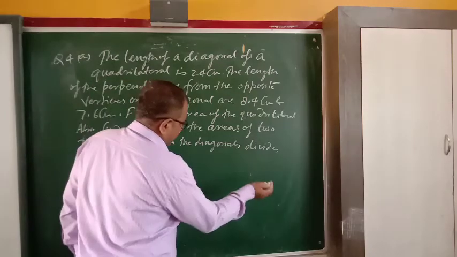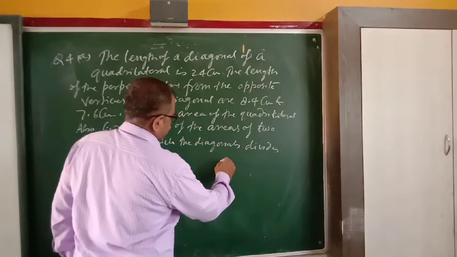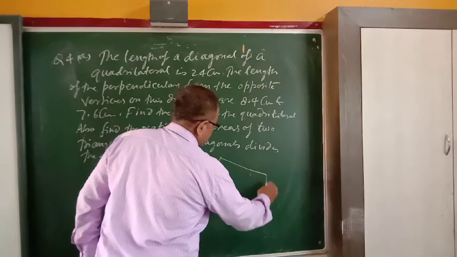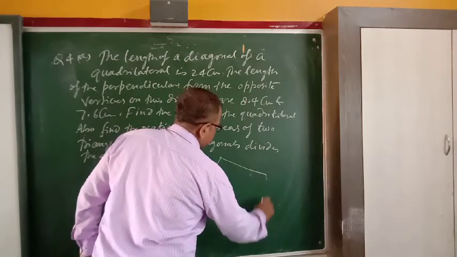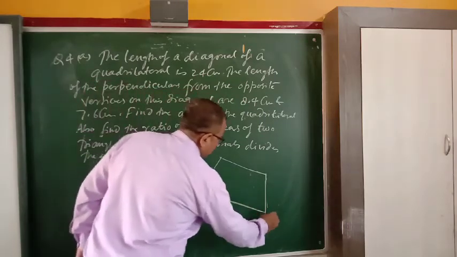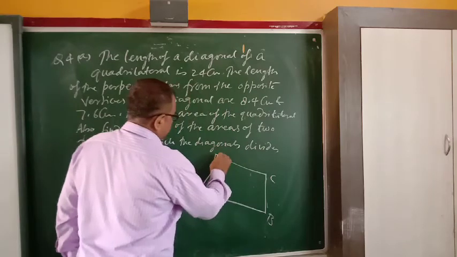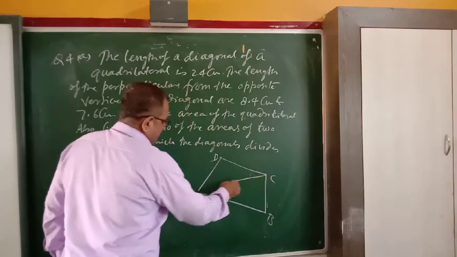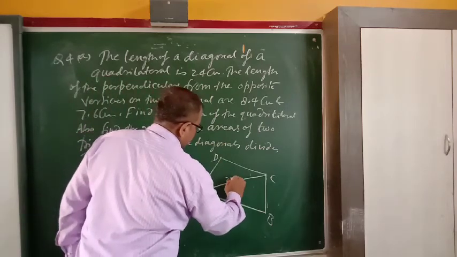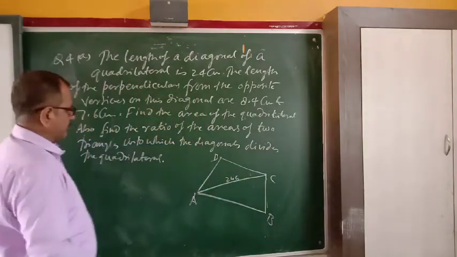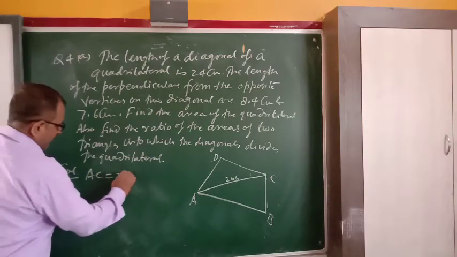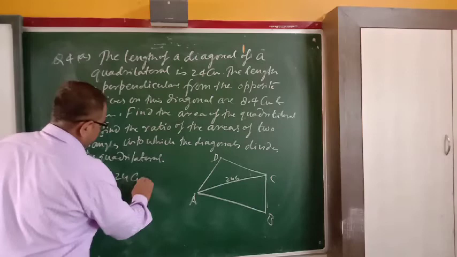Firstly, we will draw a quadrilateral. ABCD is a quadrilateral. One diagonal AC, that is 24 centimeter.